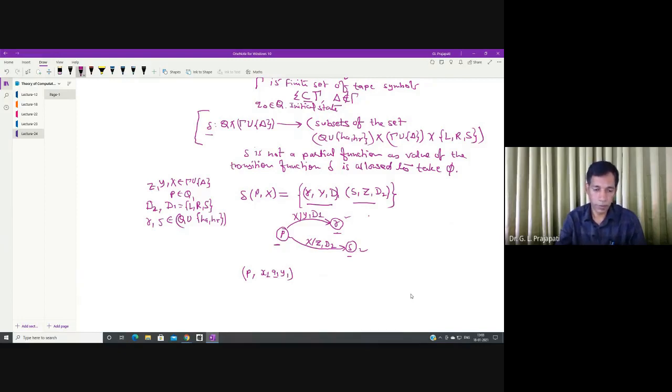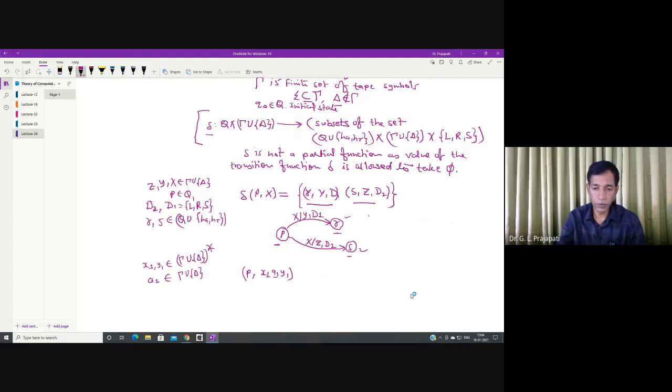X1 and Y1 are strings of tape symbols or blanks. A1 can be either a tape symbol or a blank. The first symbol of X1 is at square 0, and Y1 has the restriction that its last symbol should be non-blank.